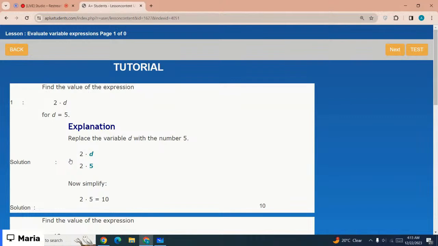You simply need to replace the D with the value. So 2 times 5 equals 10. That means when D equals 5, the expression equals 10. The correct option is 10. You need to replace the variable with the value.